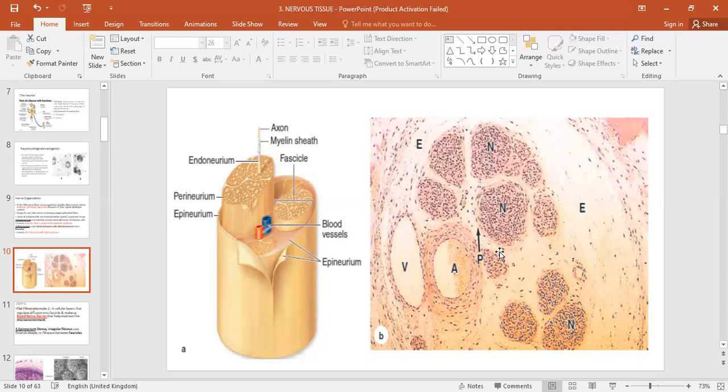So the connective tissue surrounding a fascicle is perineurium, labeled P here. Then each axon within a fascicle, like here, we are just seeing dots representing axons. Each axon is covered in endoneurium. Then the whole nerve, like here, is covered with epineurium, which is labeled E.